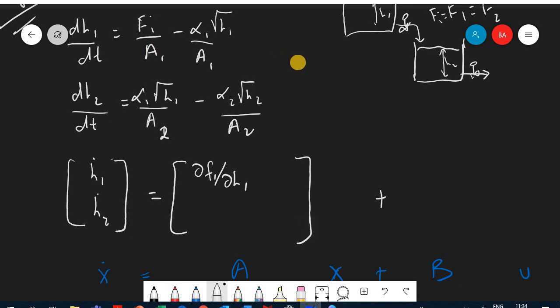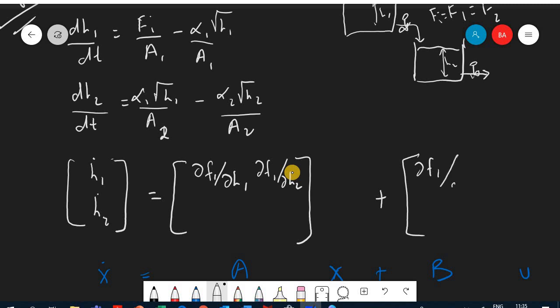So the matrix takes into consideration everything, right? So I'm going to take df1 by dh1, and I'm also going to take df1 by dh2, even though I know that this is equal to 0. So let's continue.